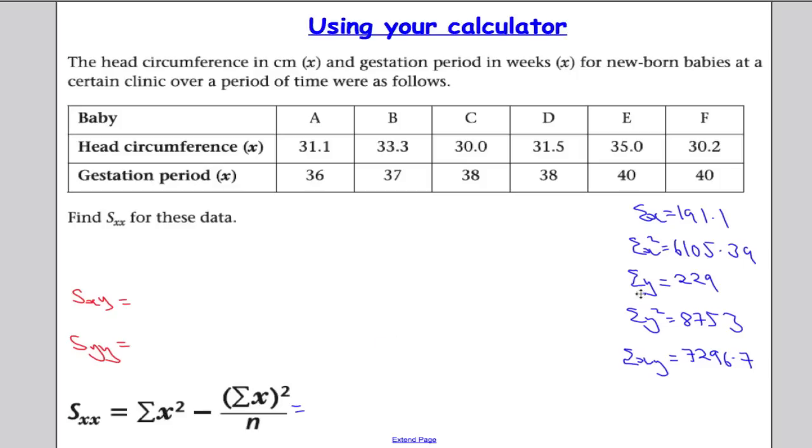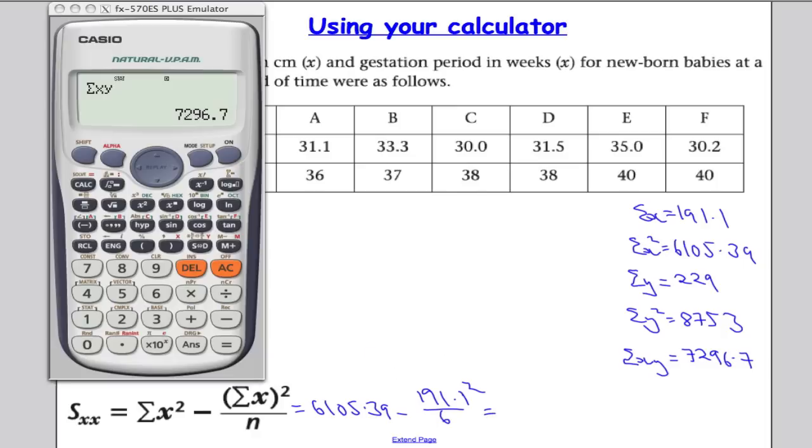So I need the sum of x squared, that comes from here. 6105.39 minus the sum of x squared, so 191.1 squared, divided by n, which is 1, 2, 3, 4, 5, 6. You've got 6 bivariate data points. We'll plug that into the calculator.